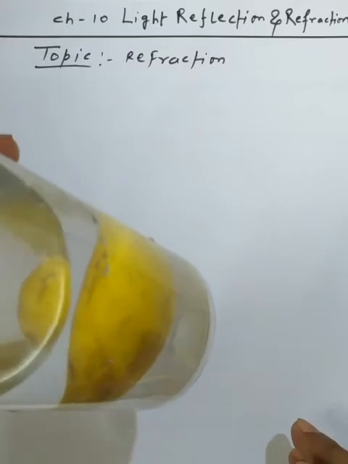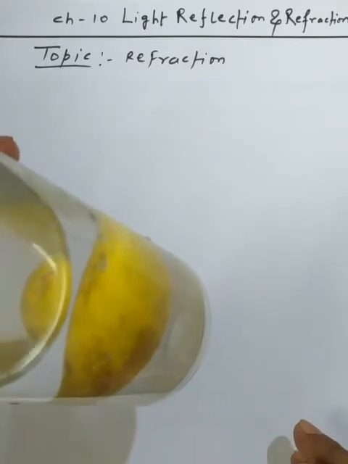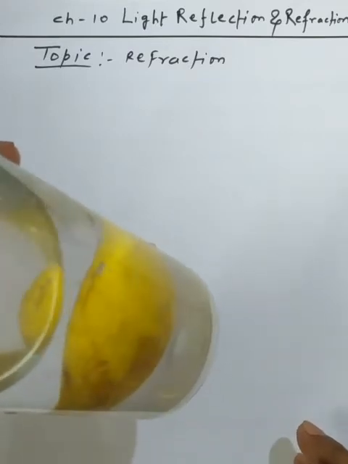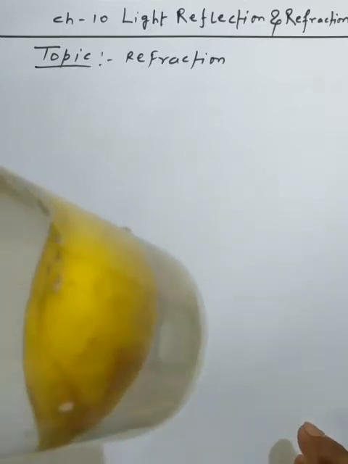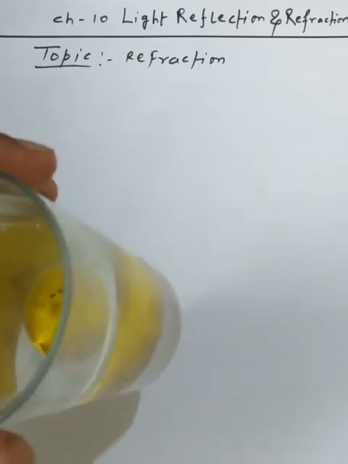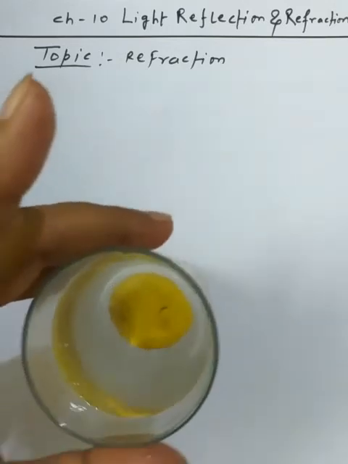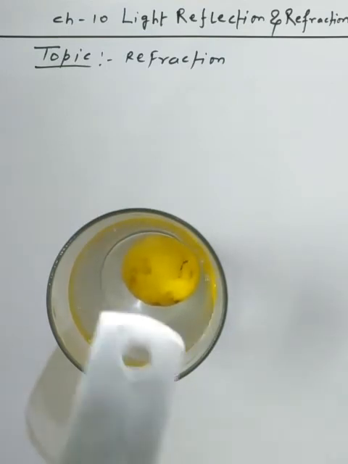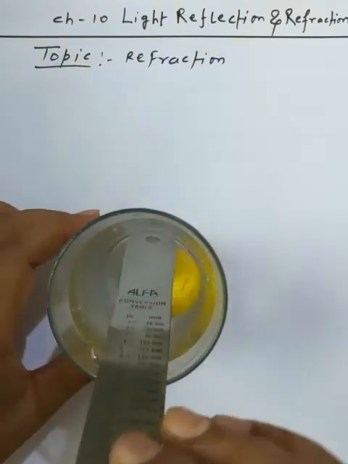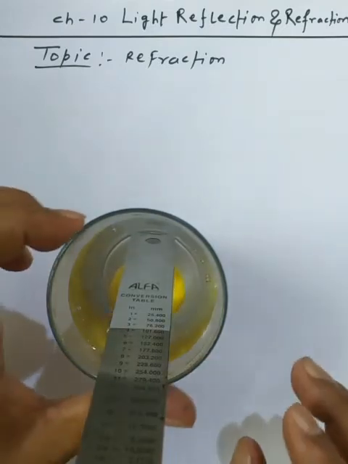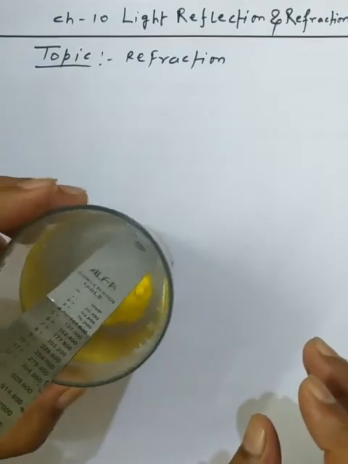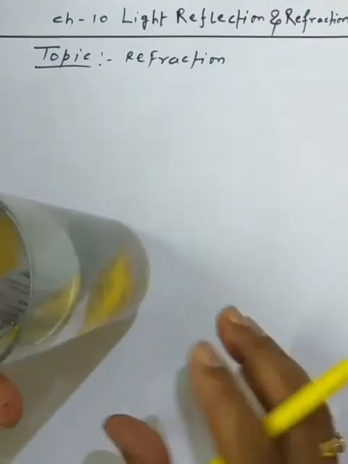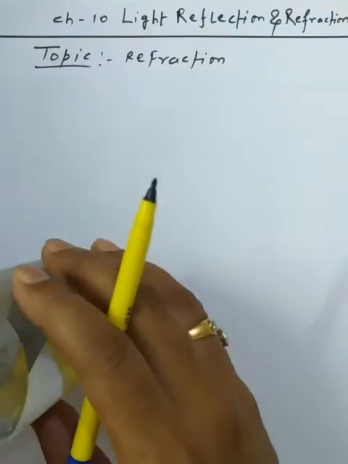Now, you can take another object inside the water, and you will get a bigger size of the lemon or any kind of object. So it is a live application of refraction. And if you put a pencil or a scale inside the water, you will see that there is a little bit of bending of the scale inside the water whenever you watch it from the outside.